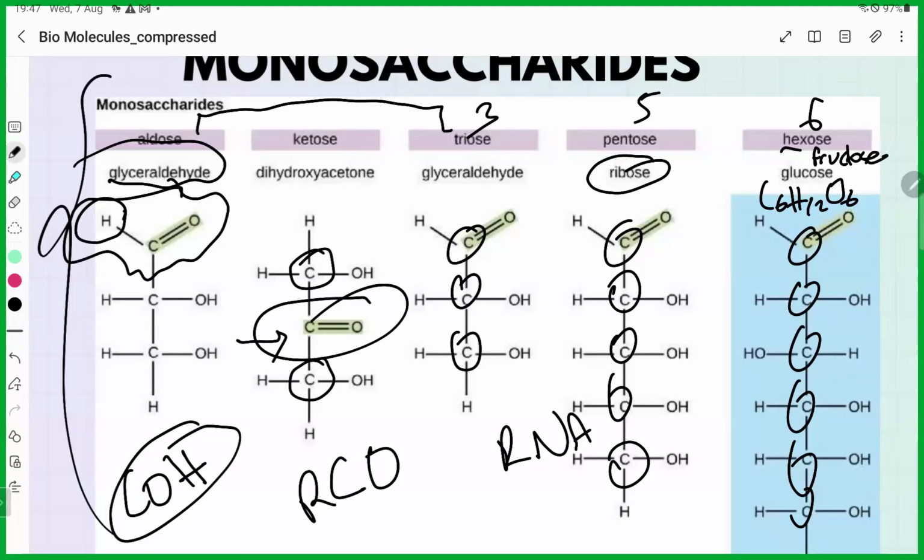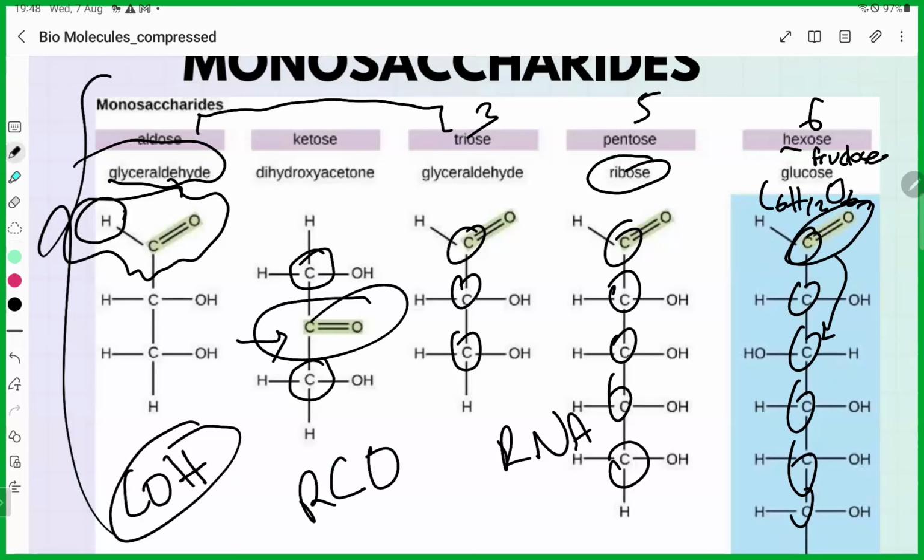This means that it's an aldose. So glucose is a hexose and an aldose. Fructose, on the other side, has this same functional group, but in the inside of the molecule. This means that fructose is a ketose because it has RCO, or radical carbon and oxygen double bond.